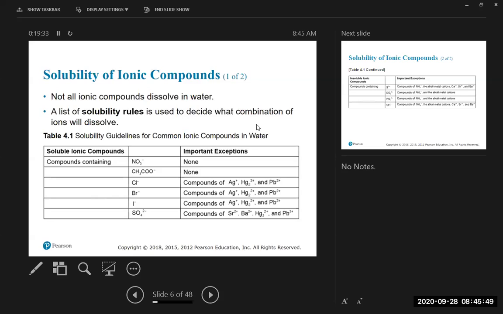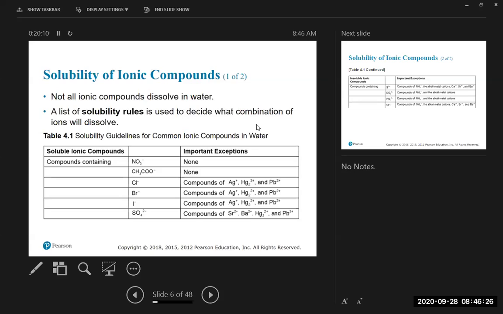If we look at ionic compounds that are pretty much always soluble, we have some anions listed here. We have nitrate, NO3 minus, acetate, CH3COO minus, chloride, bromide, iodide, and then sulfate. The nitrate and the acetate are always going to be soluble. So whatever the cation is on that, it's going to dissociate and be soluble.